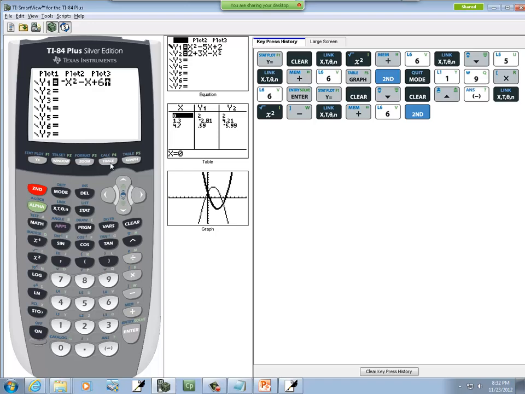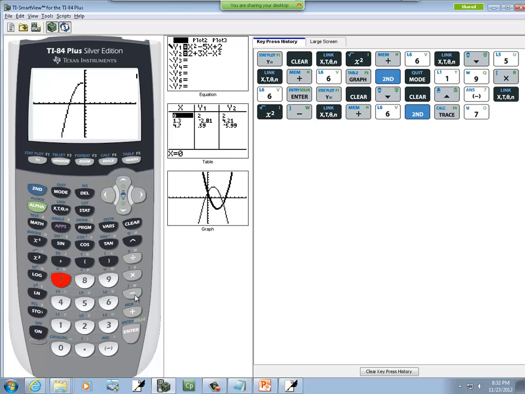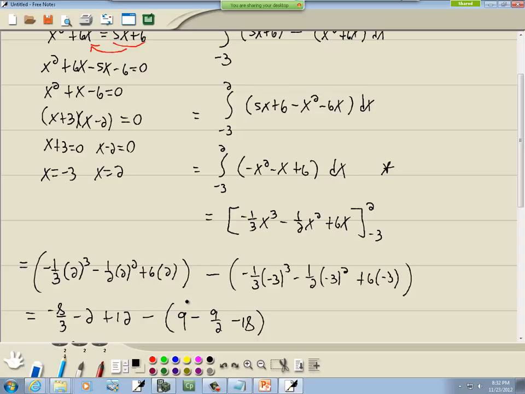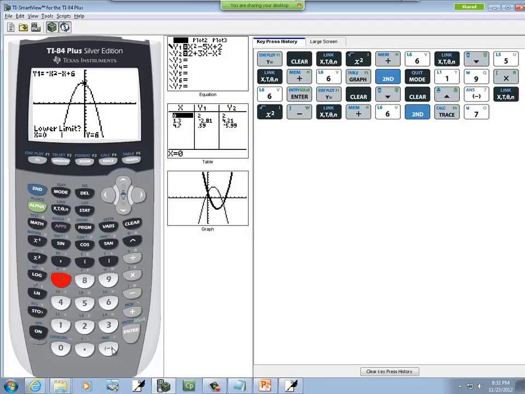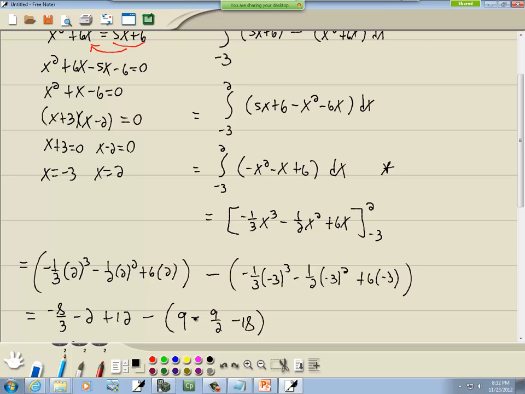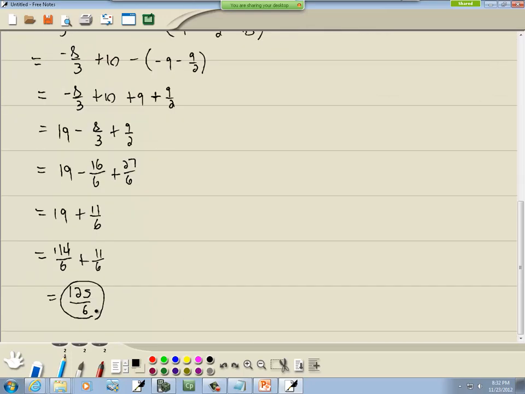And do second trace, choose my integral, number 7. Press the number in front, quickly chooses it. And we want from negative 3 to 2. So negative 3 for lower limit, and 2 for upper limit. 20.833. Yeah, that looks reasonable.